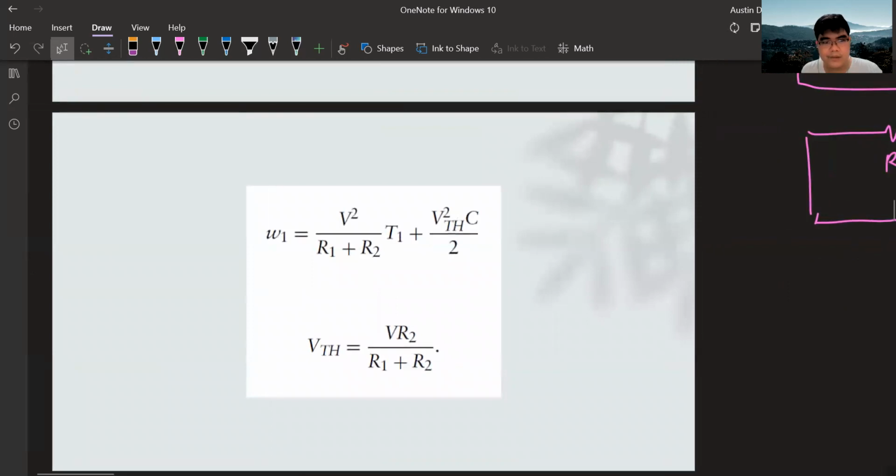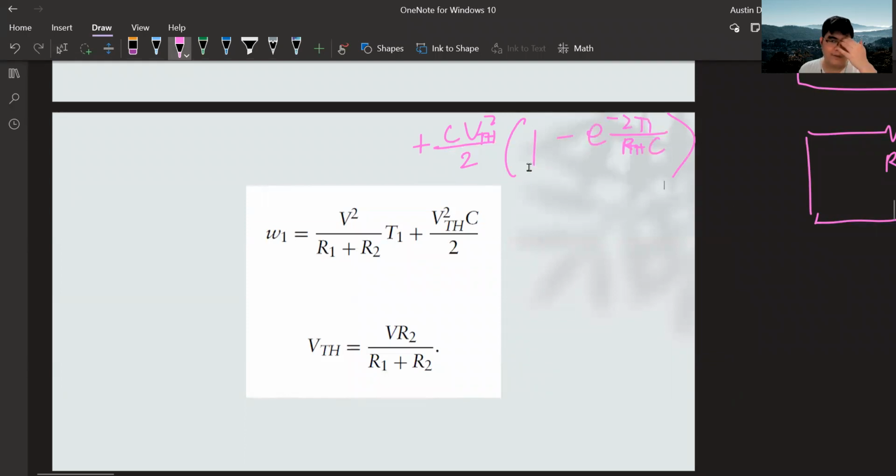You will get the second term to be plus CV squared over 2, CVTH squared, then multiplied by some factor 1 minus E raised to negative 2T1 over RTH C. Yan. Ito yung lalabas na term.